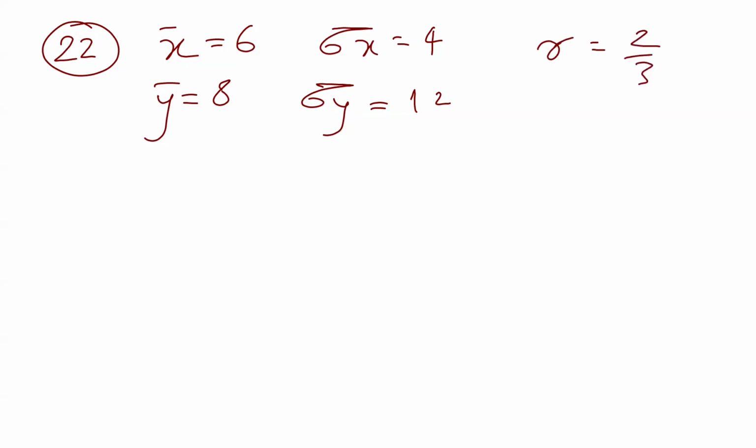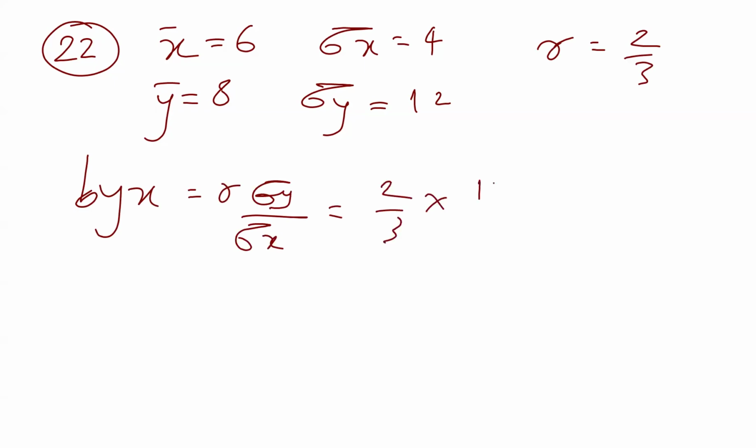Fine. First, we are supposed to calculate byx and bxy and the two lines. Okay. So byx, r sigma y upon sigma x. R is 2 by 3. Standard deviation of y is 12. Standard deviation of x is 4. Okay. So the answer is 2 over here.